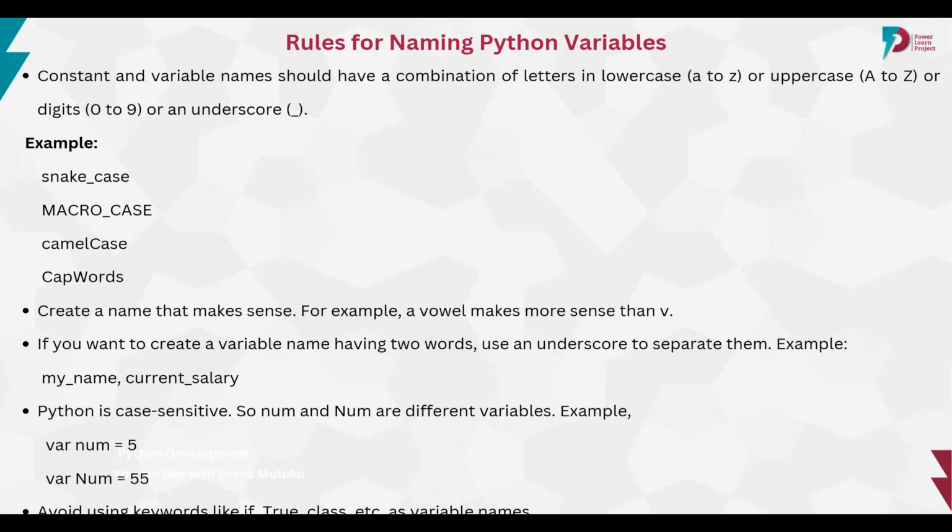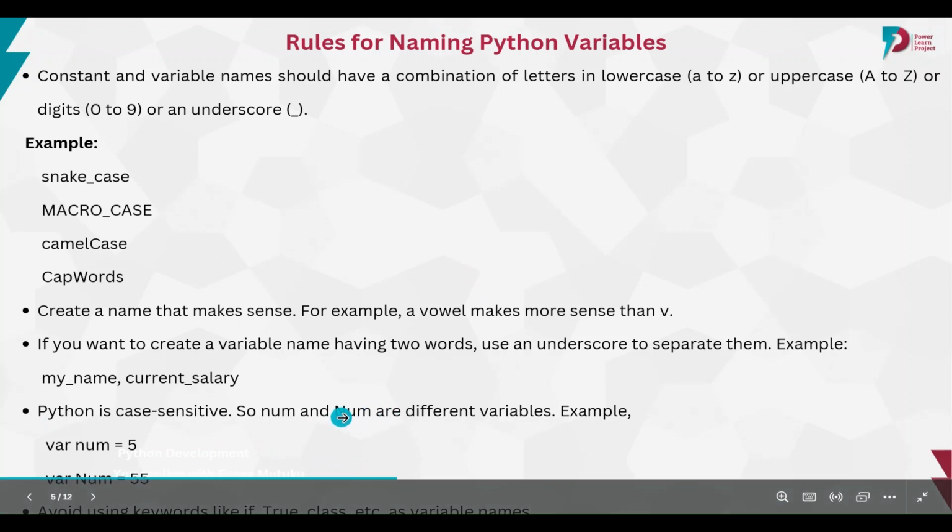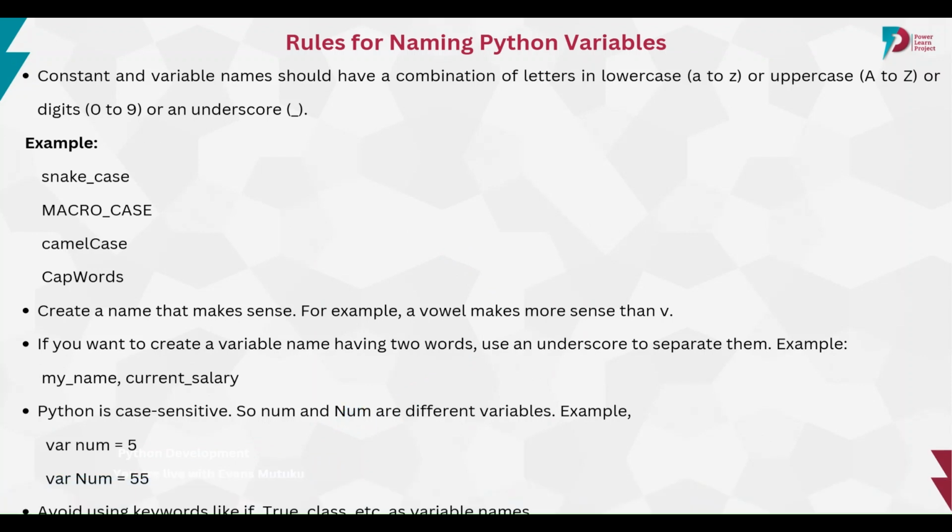These are the basic rules for naming variables. We should have in mind that Python is case sensitive. So num in small letters is not the same as NUM in uppercase. These are different variable names, which means Python is case sensitive.